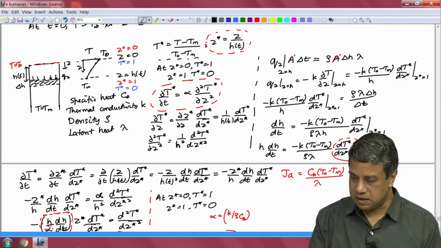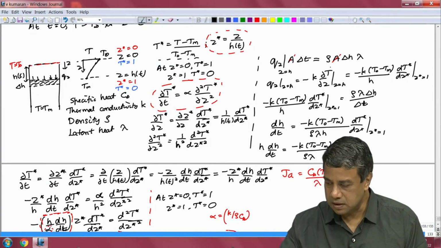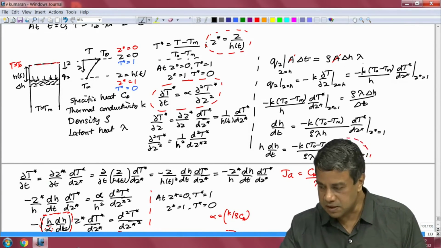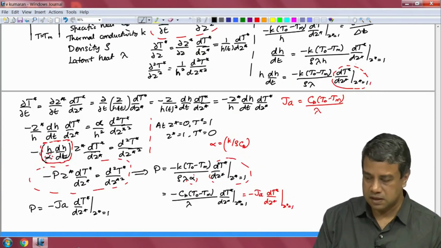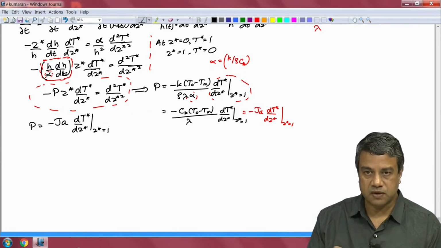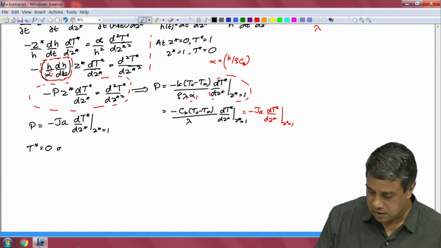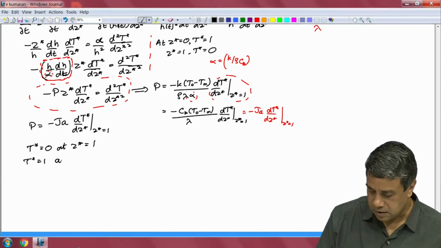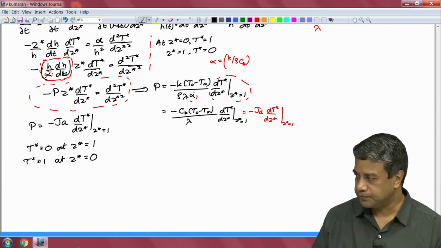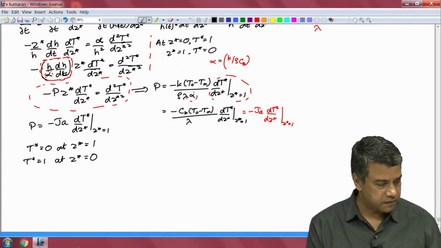This condition here, that the heat flux times the delta T has to be equal to the total amount of mass that is melted times the latent heat. So, that consistency condition has to be used in order to determine the value of P. Beforehand we do not know the value of P, but we have to determine that from the solution, subject to the boundary conditions T star is equal to 0 at z star is equal to 1, T star is equal to 1 at z star is equal to 0. Those are the equations and the boundary conditions that have to be solved.